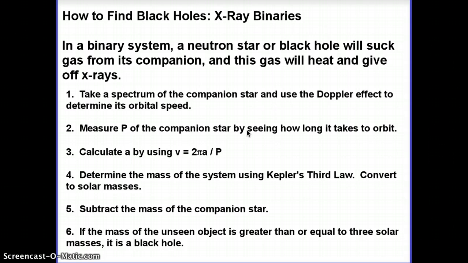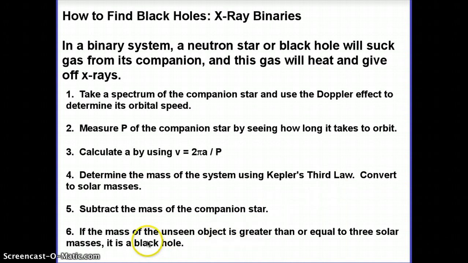A big step here that's pretty important is to convert to solar masses. You want to convert your masses to solar masses. You'll be given the mass of the companion star, like the main sequence star, which you can then subtract because we're going to be finding the total mass here. This is our situation where we can't ignore one of the masses.